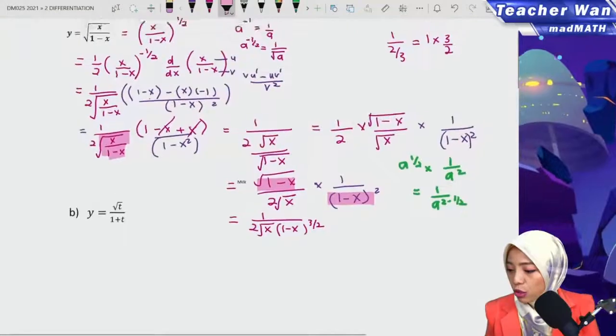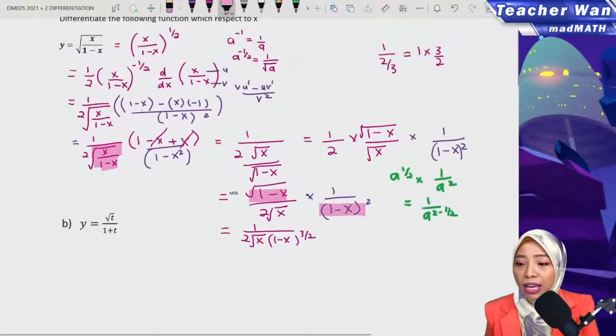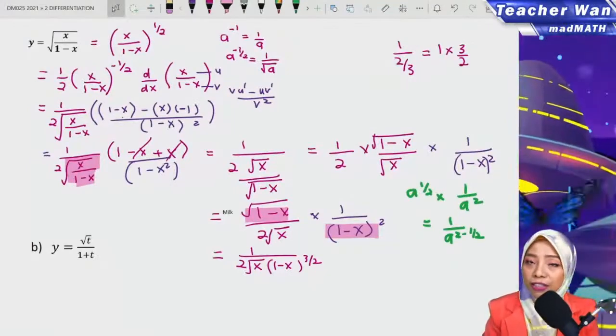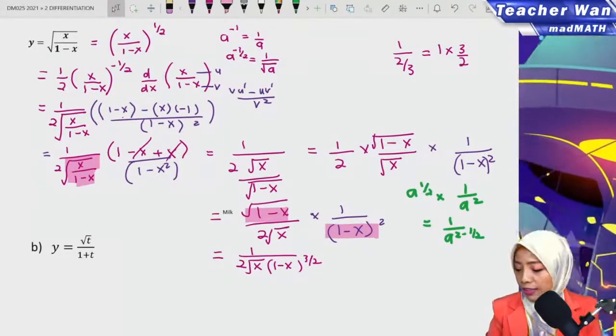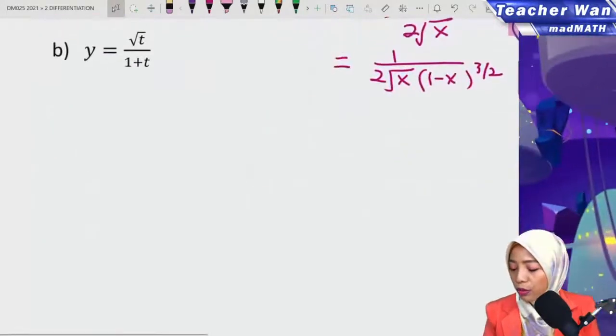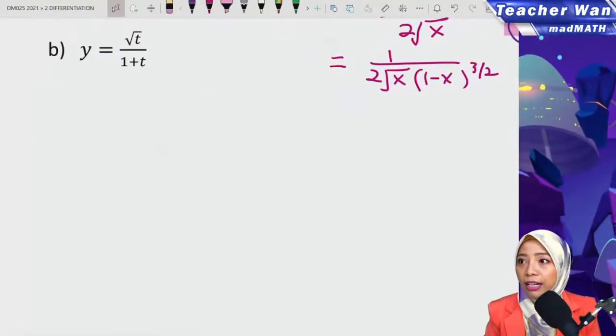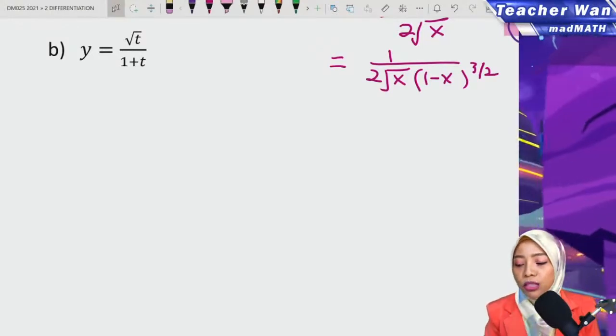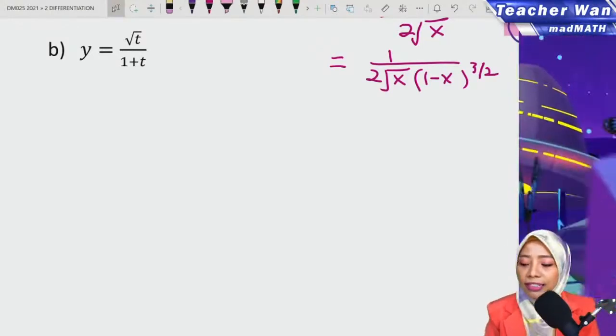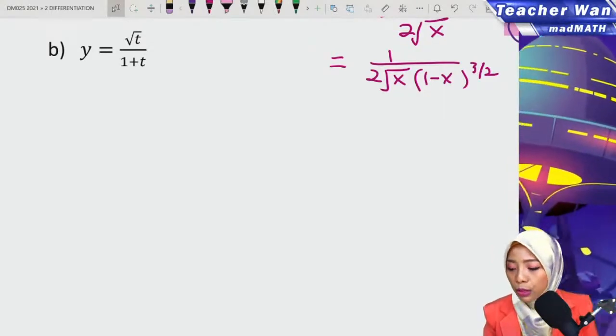So just now we have root for the whole function here, but now we only have root on the numerator, which means at the top. Looks simple, but we may do maybe a little error here and there, therefore we will do it together.